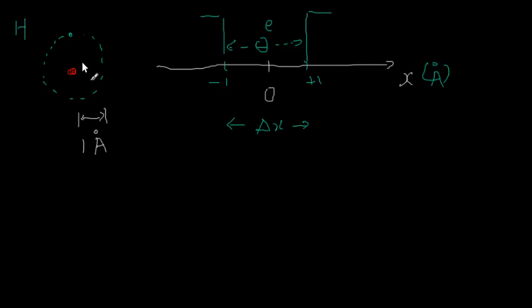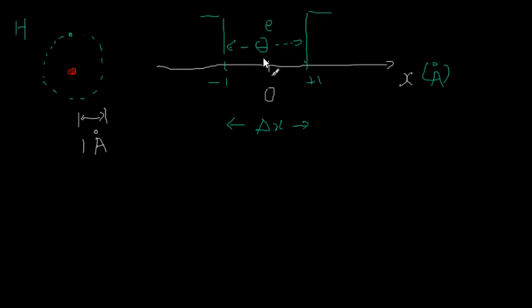We know that in an atom it is the Coulomb electrical attraction from the proton that attracts the electron and forces it to stay around here. But in this example, I'm just going to say there's something that forces it to stay there somehow.